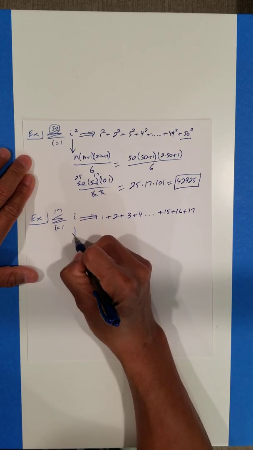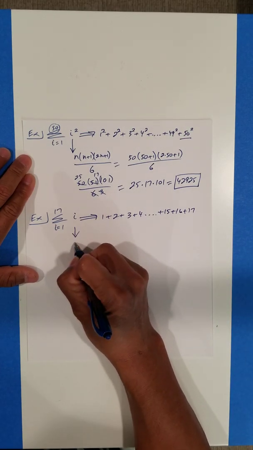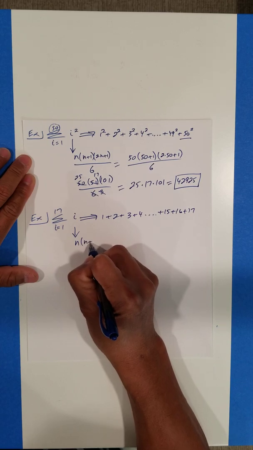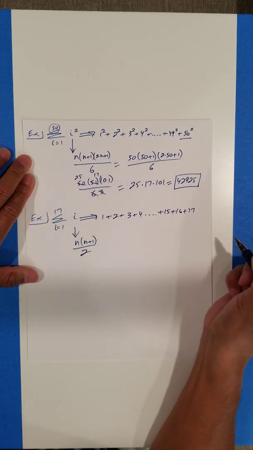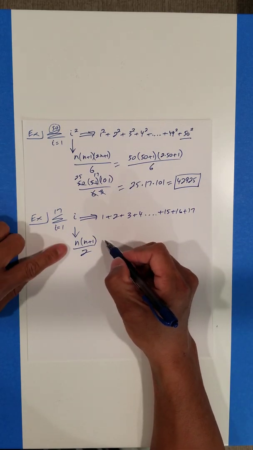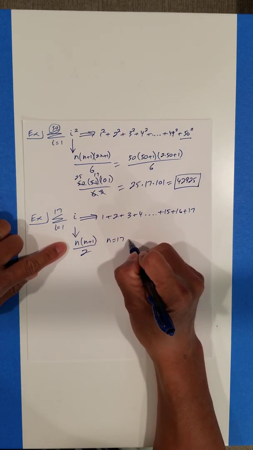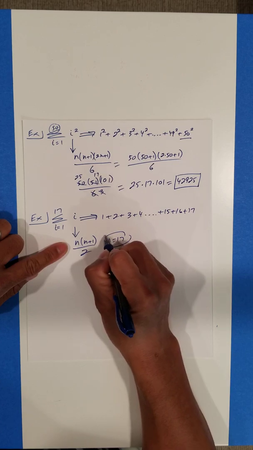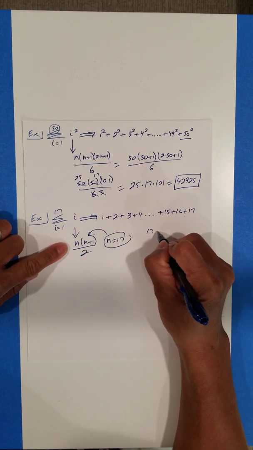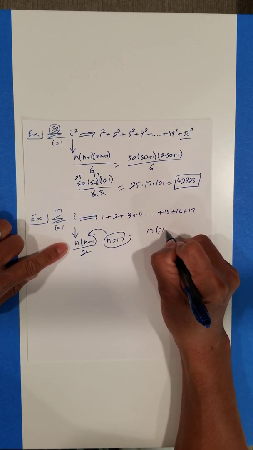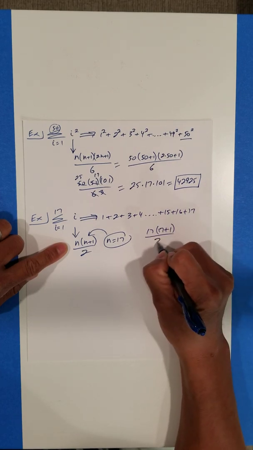Okay, so using the formula for i, this can be n times n plus 1 over 2, really simple, where n is how many numbers you have. Okay, so in this case, n equals 17. So now we're going to put 17 into this formula. 17 times 17 plus 1 over 2.